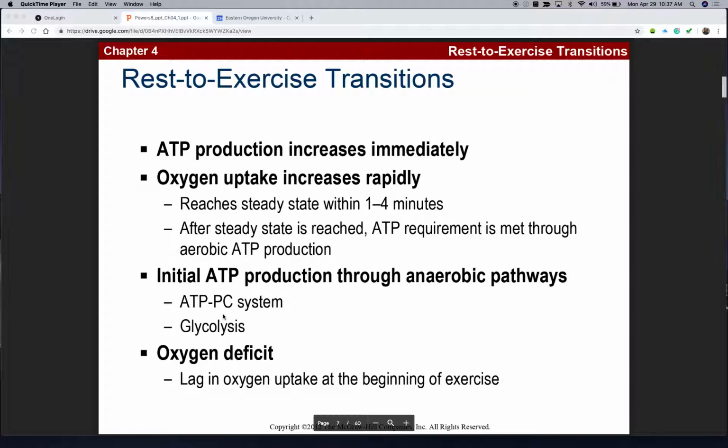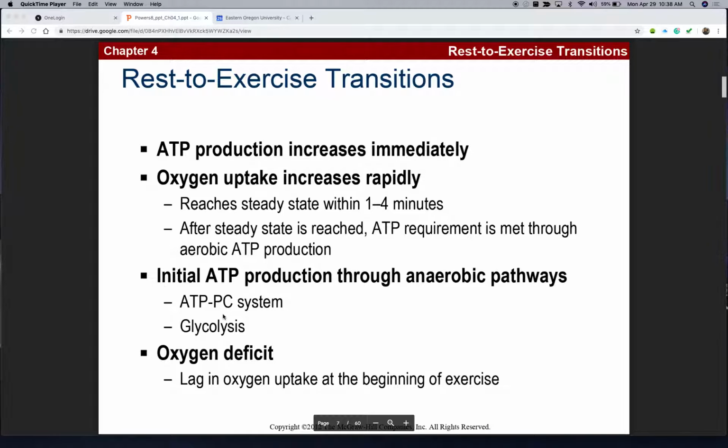And so steady state exercise, which is commonly referred to as endurance exercise, is this state where you're not sitting, you're doing some sort of movement that is typically repetitive, sustained, and at a given rate or within a range of given rates. And that's your steady state, right?